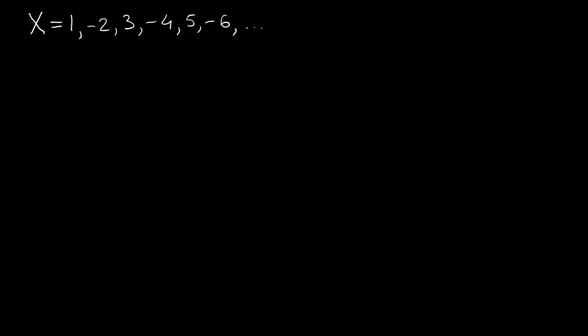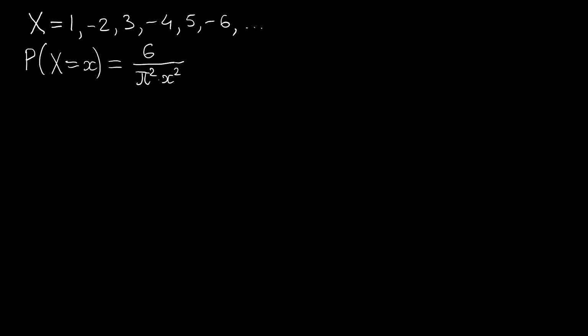So pretty tricky situation here. Okay, and then for the PMF of this discrete random variable, let's take the following. We'll take it equal to 6 over pi squared times x squared. Okay, so this is our random variable x, and these are the values it takes on, and this is its PMF.